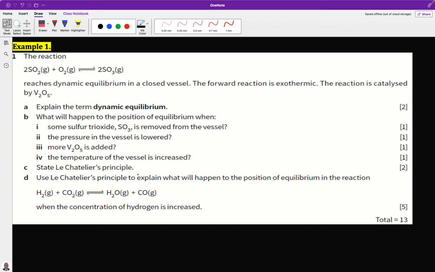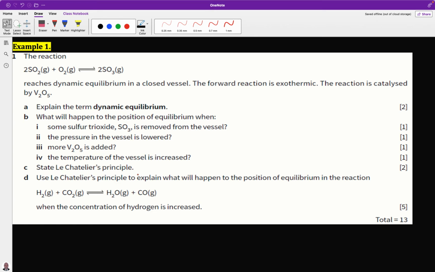A. Explain the term dynamic equilibrium. In a dynamic equilibrium, this is a situation where the rate of the forward reaction is equal to the rate of the backward reaction.